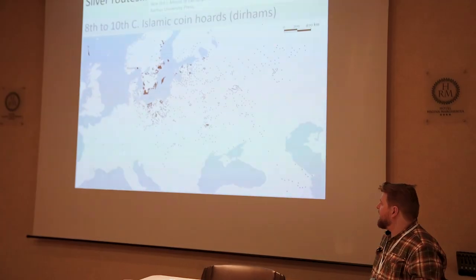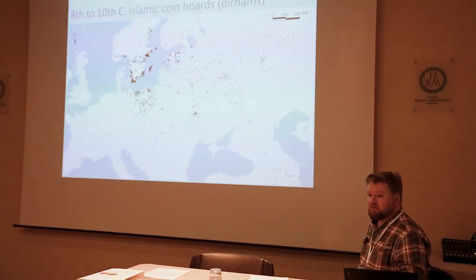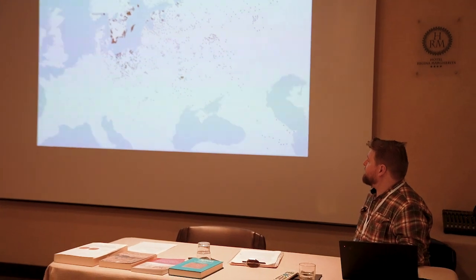And a lot of this silver is coming from the Islamic world, from mints in Baghdad and from mints in North Africa. So this is a really interesting topic beyond the Mediterranean.